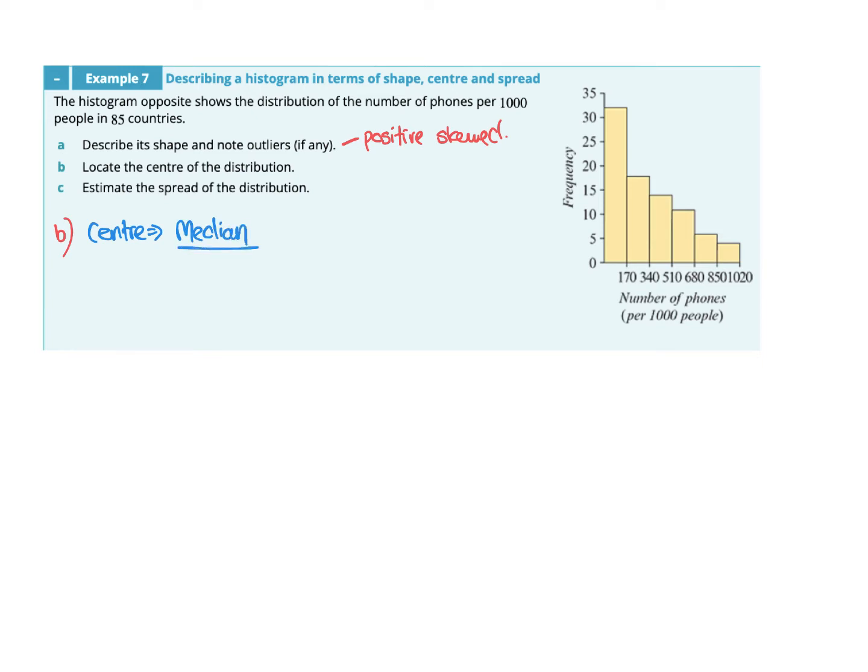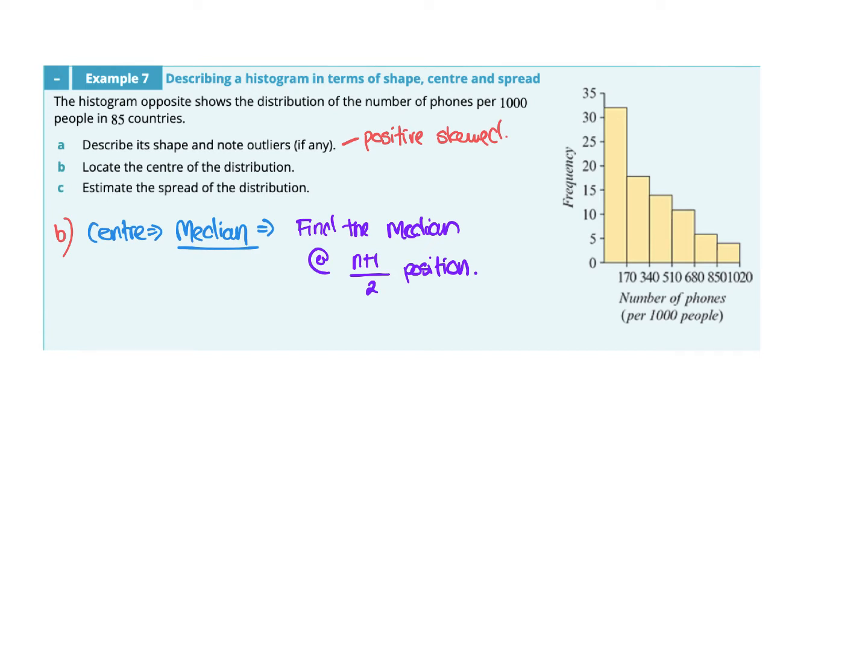What we have to remember is the rule we had where we can find the median at the n plus 1 divided by 2 position. n is how much data they collected, and generally they will tell you in the blurb of the question.